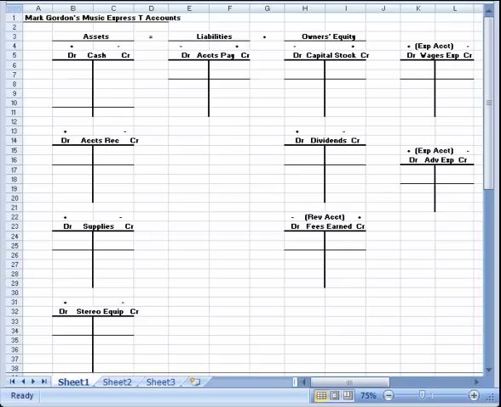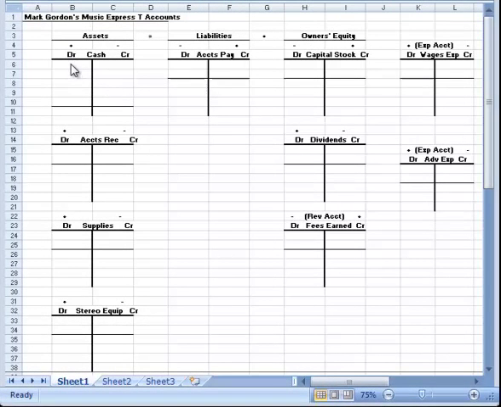Okay, so the first one was Mark deposited $7,000 in his business bank account in exchange for stock, and we said we're going to debit $7,000 for the account for the corporation, and we are going to credit capital stock for $7,000.